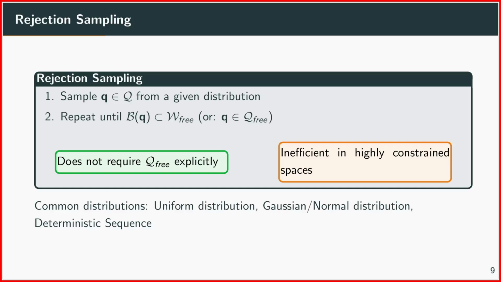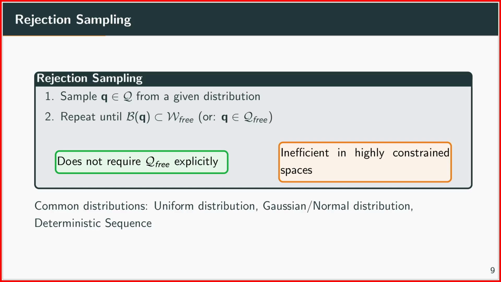You can also see this, for example, in this room. When you want to go out of this room, you have only the position here of the door, and for finding a motion, you have to find a configuration which is exactly at the door, and if you just sample randomly, you will very rarely hit this exact spot where the door is.